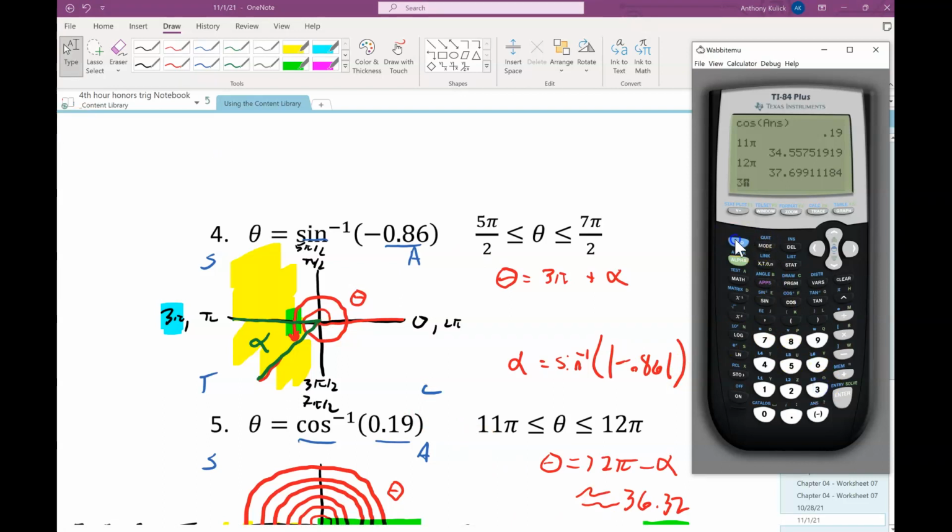So 3 pi plus sine inverse, sine inverse. And I don't do the absolute value in the calculator, I just do that part in my head. So 10.46.